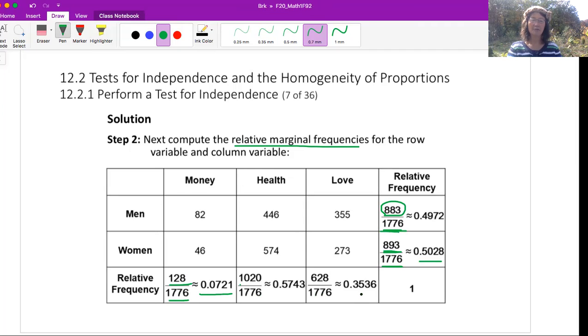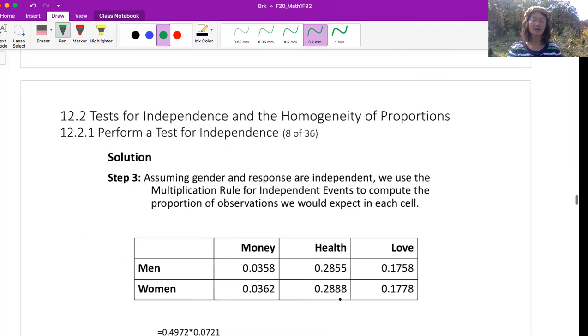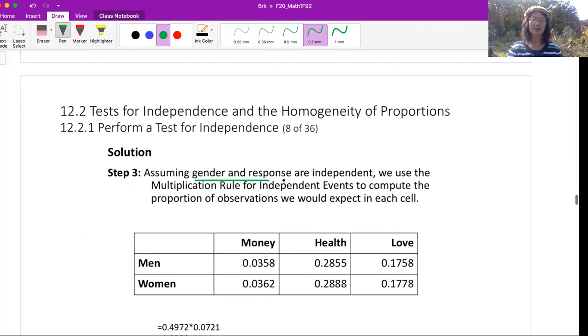Once we get those relative marginal frequencies, we can use the multiplication rule for probability. We assume gender and response are independent. We then use the multiplication rule for independent events.